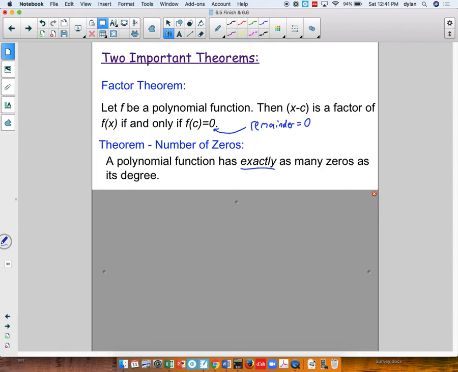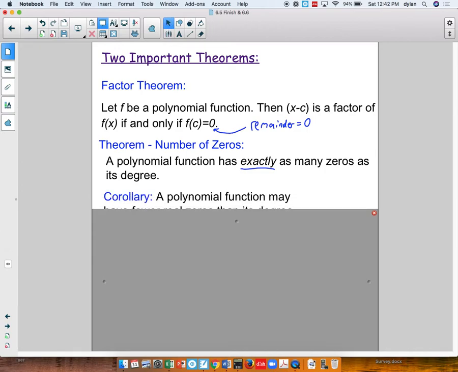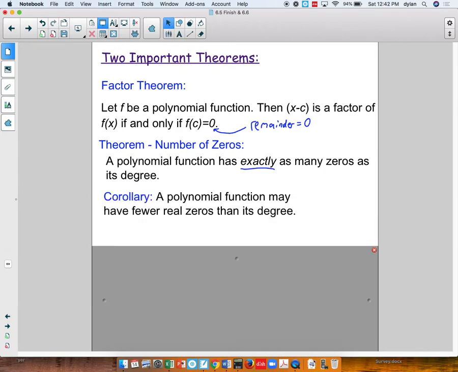It tells us that when we're searching for zeros, we have to continue until we get exactly as many zeros as the degree. Now, an important corollary to this is that a polynomial function may not have as many real zeros as its degree. It has to have as many zeros as its degree, but not all of them have to be real.